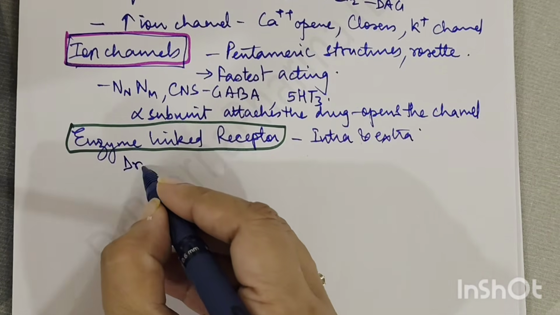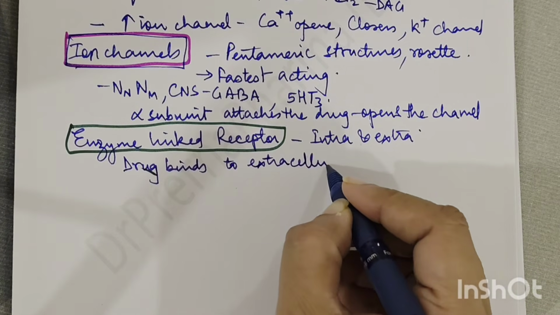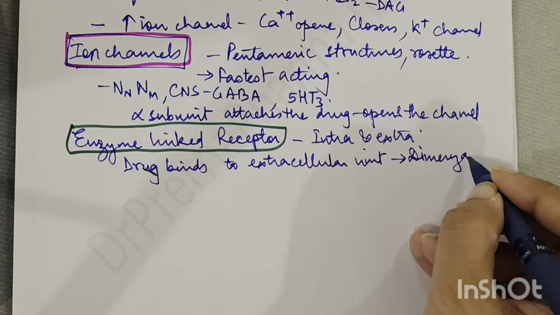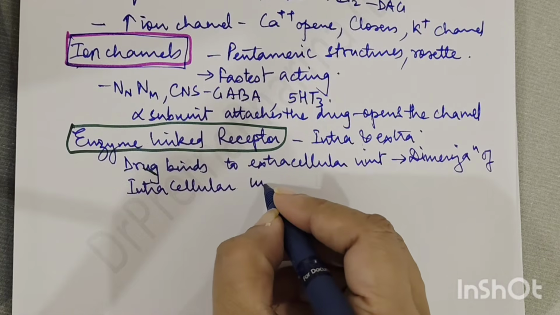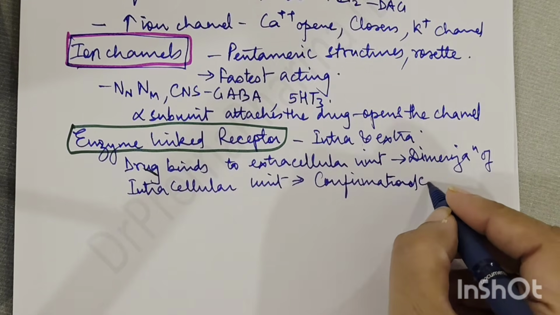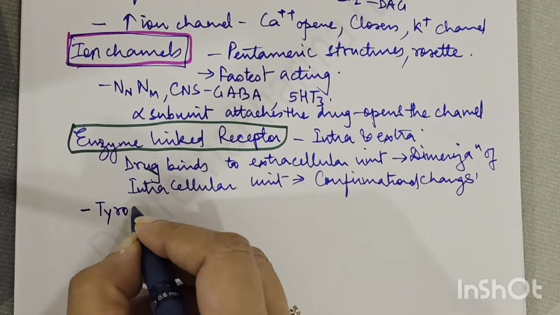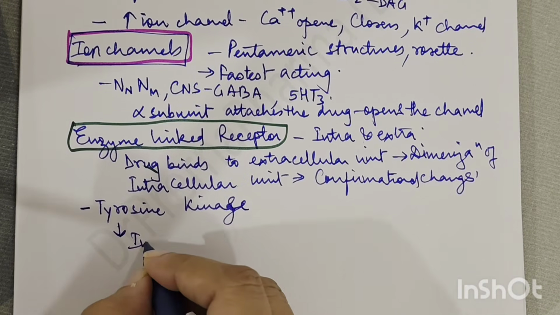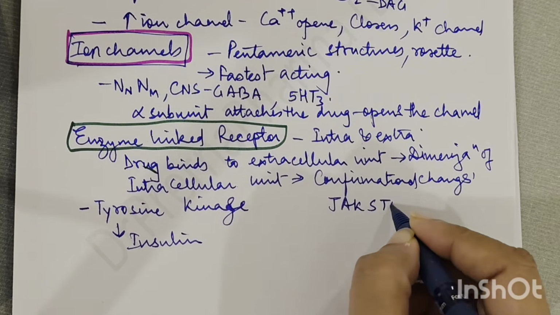Now the drug binds to the extracellular unit, and that causes dimerization of the intracellular unit, and then further conformational changes, right? Now enzyme linked में दो तरीके के होते हैं. One is tyrosine kinase. Tyrosine kinase कौन सा compound act करता है? Insulin. And the other type is JAK-STAT kinase.